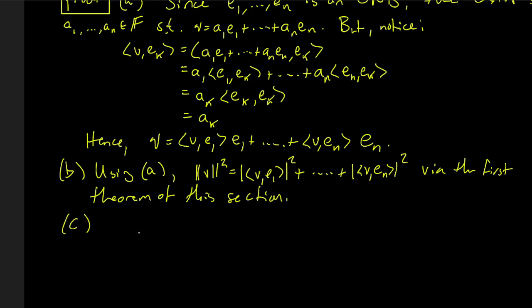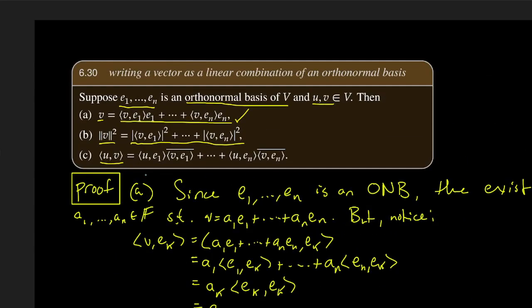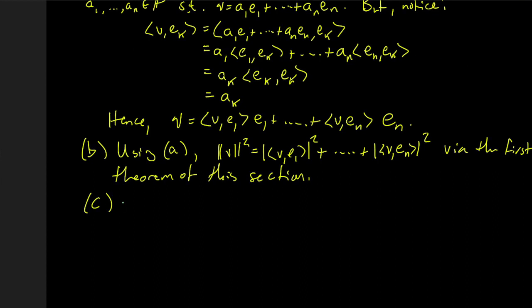And then finally, for C, we'll have to break this thing down, which is a little bit of work. All we're going to do is break down U and V in the way prescribed by A. We get the following.